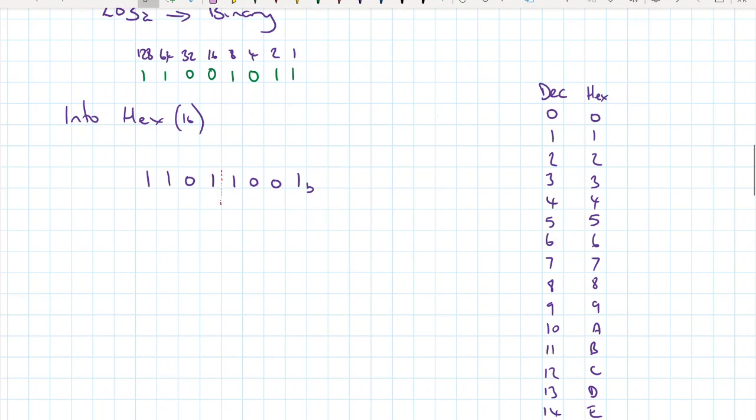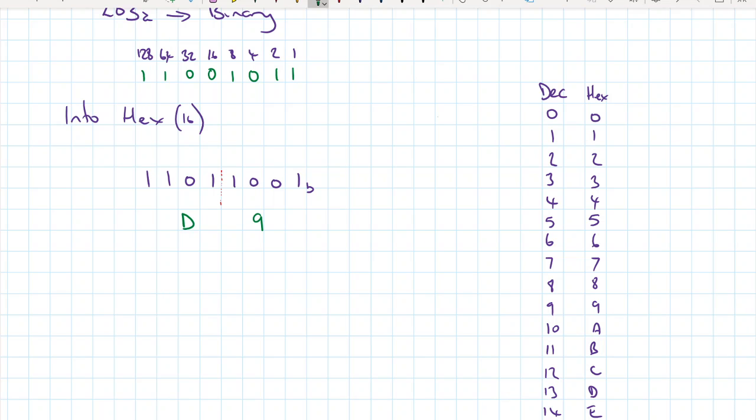So I've got an 8 and a 1, so that would be the equivalent of 9. And then we'll start again, just looking at those 4 bits, irrespective of them being the most significant nibble of that word. So I've got an 8 and a 4, so that's 12, and a 1 makes 13. Now 13 is D, so that becomes D9.